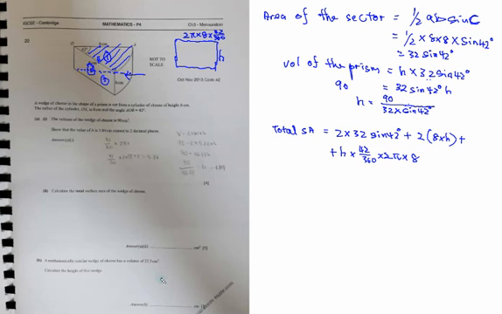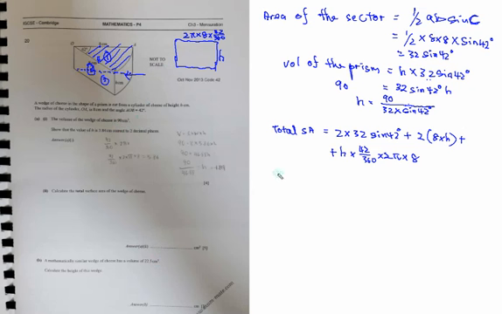Now, the last part of the question says that the shapes are mathematically similar, so you're going to use scale factor. Now, given is 22.5 cm cubed. This one is given as 90 cm cubed.